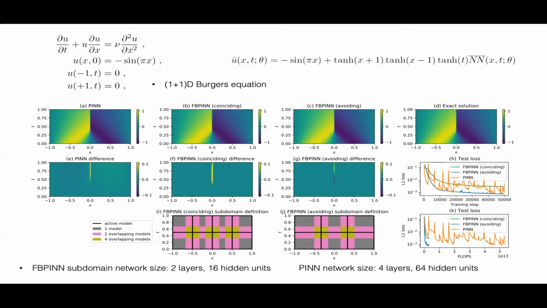So in the case of 3D, it may be 8 models if you just use cubes here, right? So you are paying a huge cost for a small region where 8 networks are training in parallel. So it's just a comment, because it all depends on how much overlap you have between these subdomains. So that's just a comment.